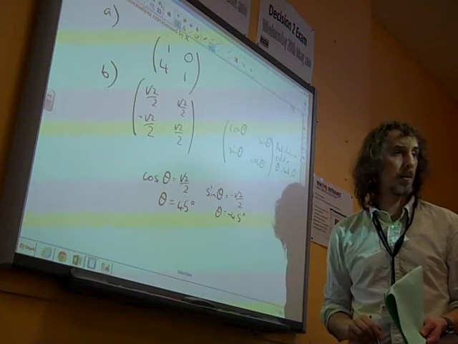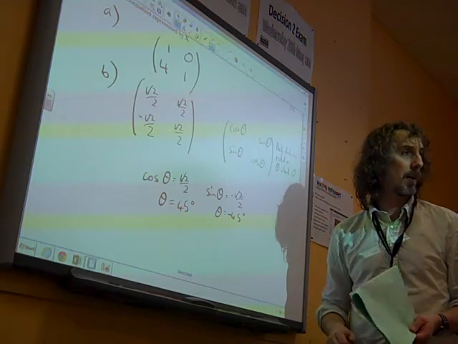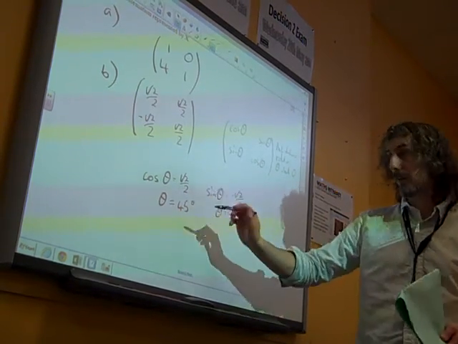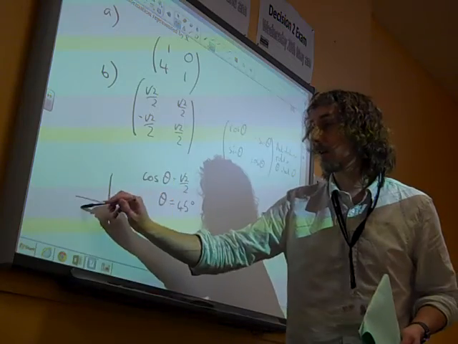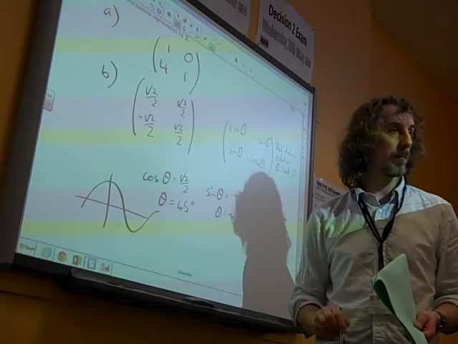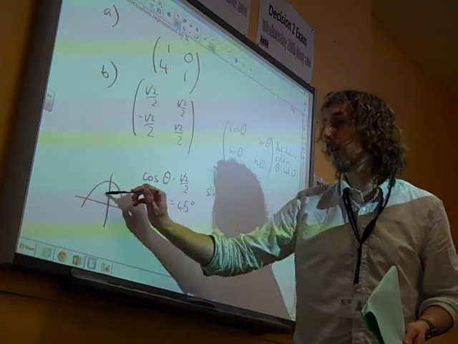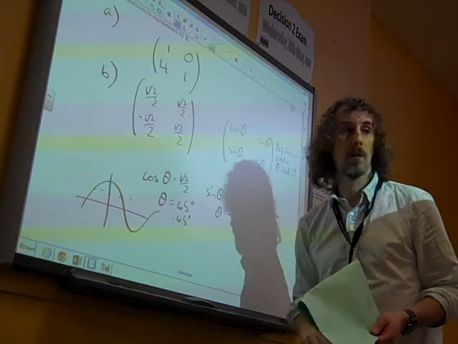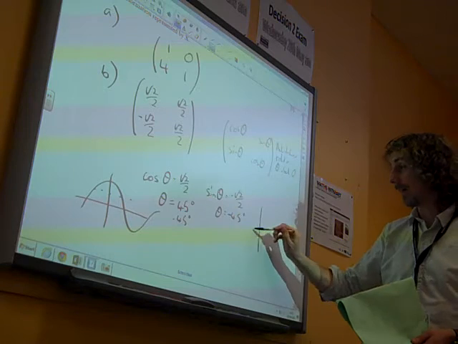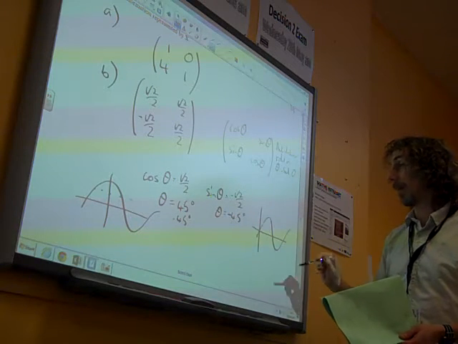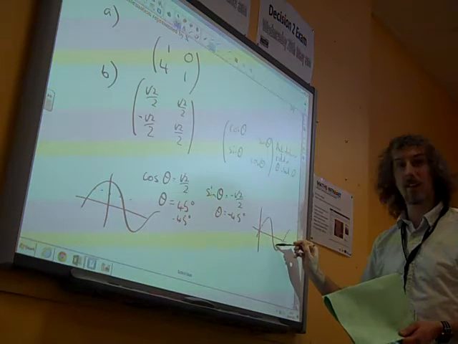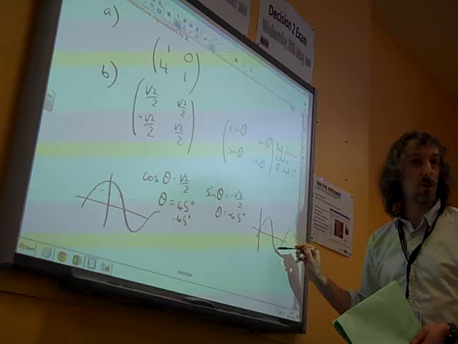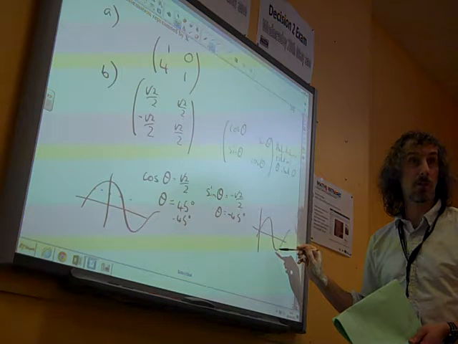Now we have to work out which of those two answers we actually want. Well, because of the cosine graph, we know the cosine graph's doing that, isn't it? So when it's root 2 over 2, it's actually also that at minus 45 degrees as well. Whereas with the sine graph, the next time that's minus root 2 over 2, it's minus 45, but it's then way over there, isn't it, on 225 as the next value.